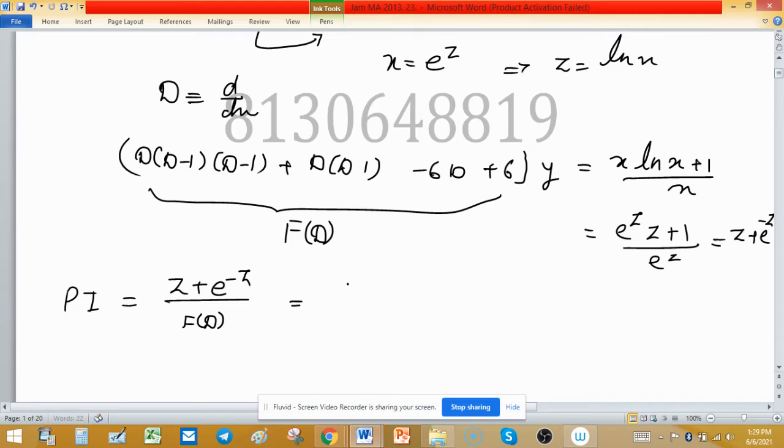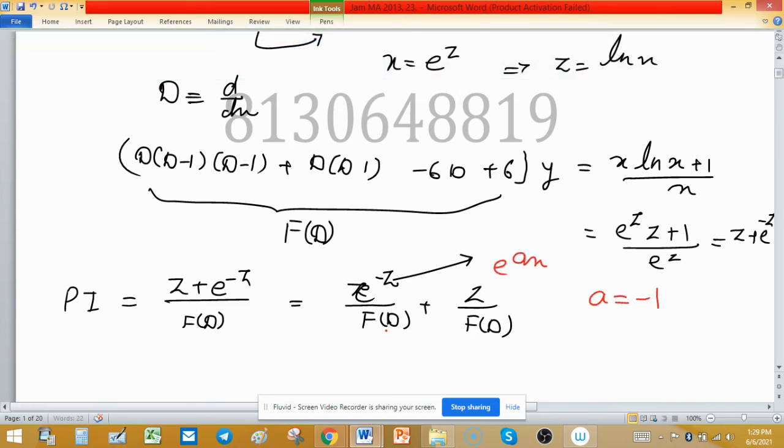So this one can be written as e raised to the power minus z upon f(D) plus z upon f(D). As you can see, f(D) is this, and this term is of the type e raised to the power ax. Value of a is minus 1, so replace D with minus 1 if f(D) is not equal to 0.